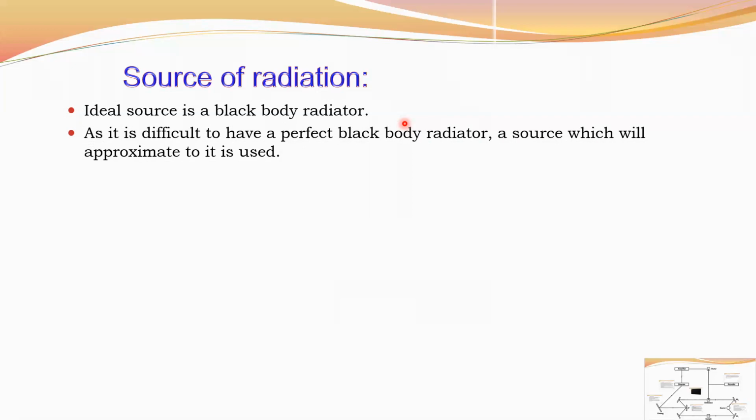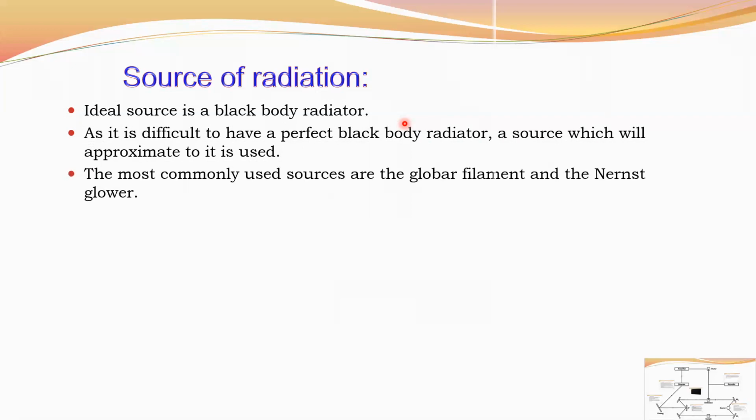So a source which approximates it is used. The most commonly used sources are the Globar filament and the Nernst Glower. These are the mainly used sources. First is the Globar filament and the second is the Nernst Glower.